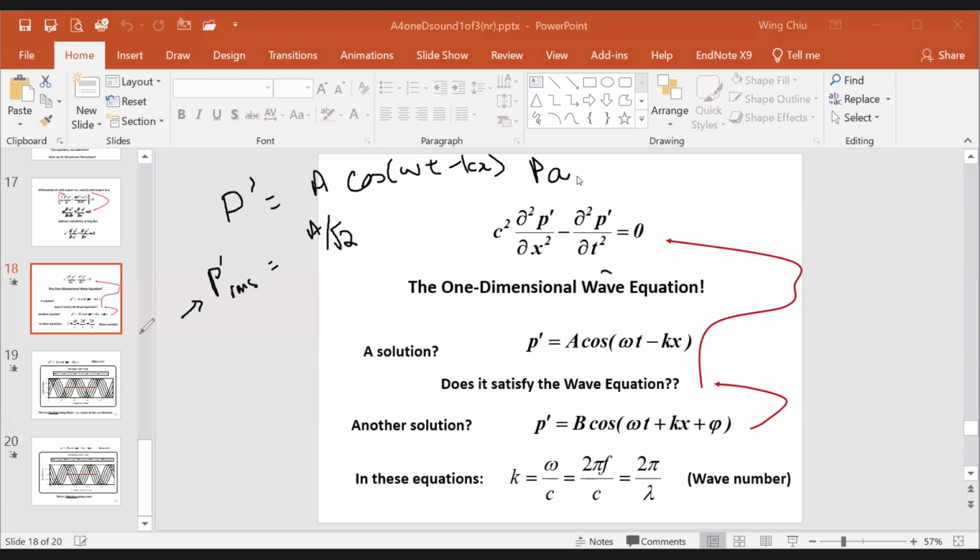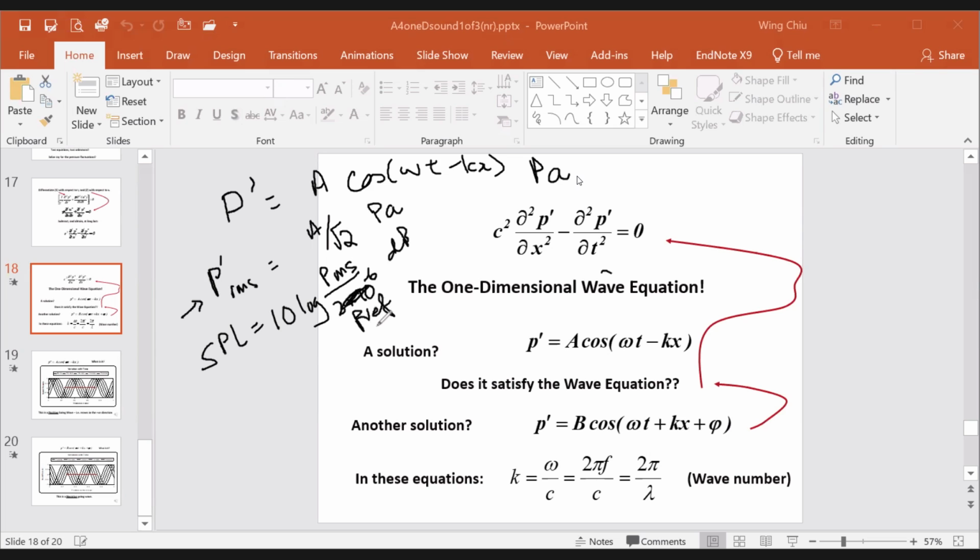Now, the moment you've got that, then I can say that the sound pressure level, now this is still in pascals, right? So the sound pressure level will be 10 times log of the mean square over 2 times 10 to the negative 6. And then that will give you a decibel. It's a reference level.